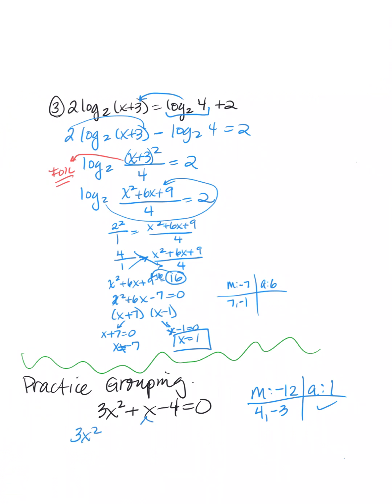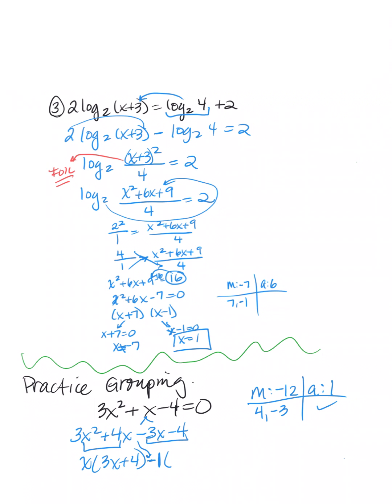So 3x squared plus 4x minus 3x minus 4. All right. Now, if I group these, what can I take out? I can only take out an x, so I'll have 3x plus 4. These two, I bring down the minus, it follows me there, and I take out a negative 1. So put a negative 1 as a placeholder.